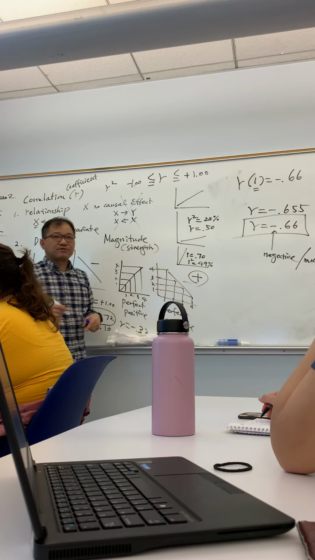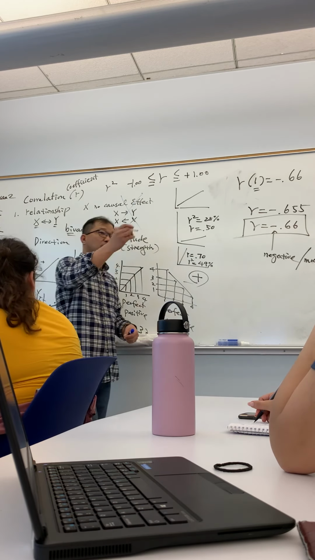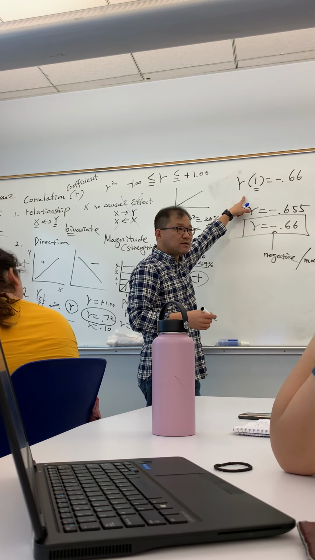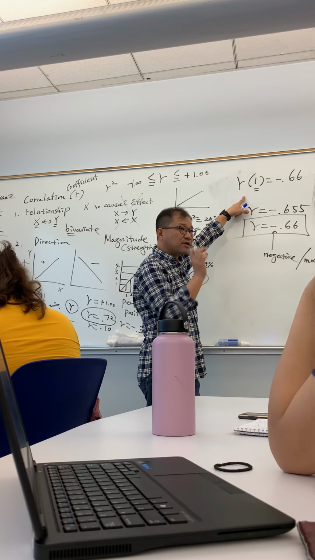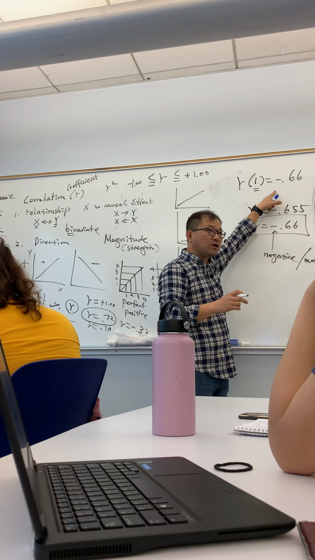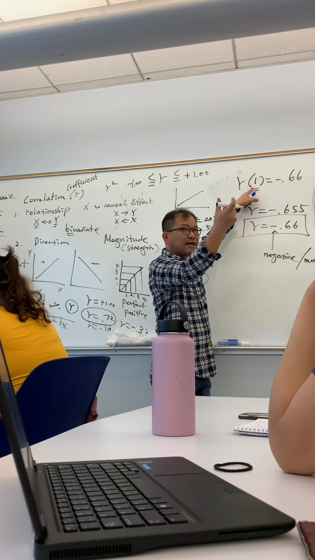Right there, that is from the APA format, American Psychological Association format, before you publish or present. Inside the parentheses, you always put the degrees of freedom. So our degrees of freedom is 1, in parentheses, equals.